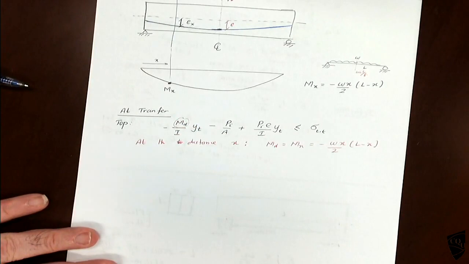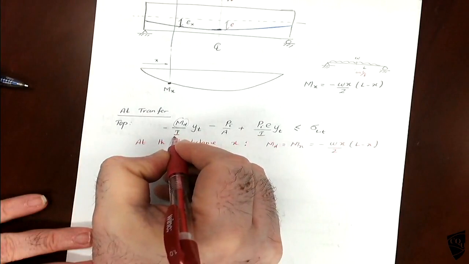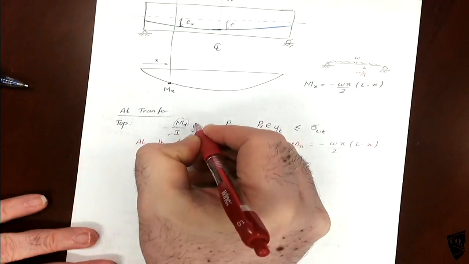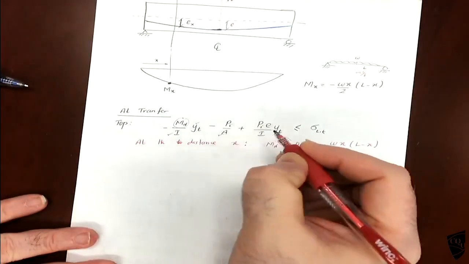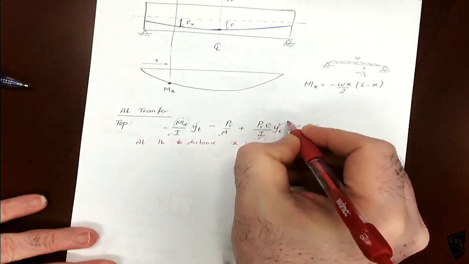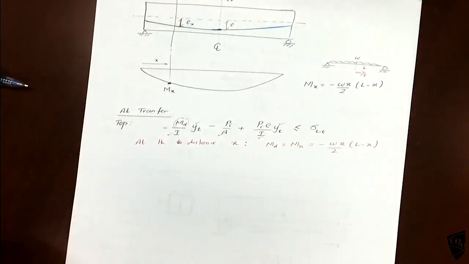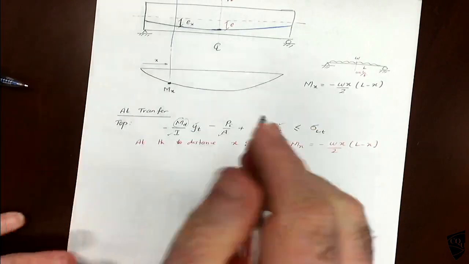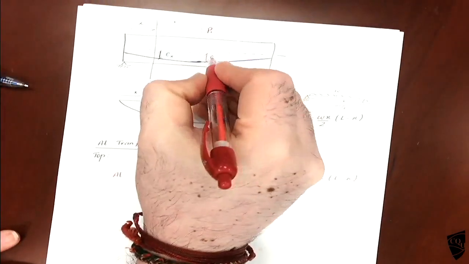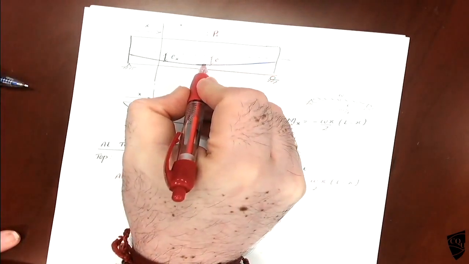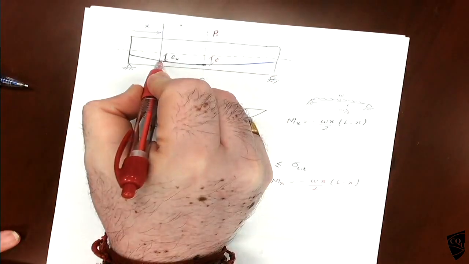The I will not change, the same Yt will not change, the area will not change. What about the P, the pre-stress value? PI is here, I need to apply the PI here. What about here?